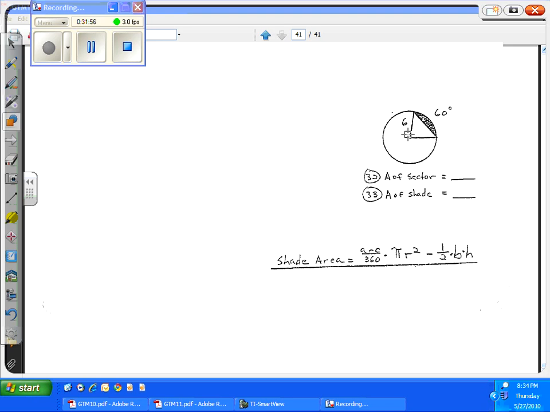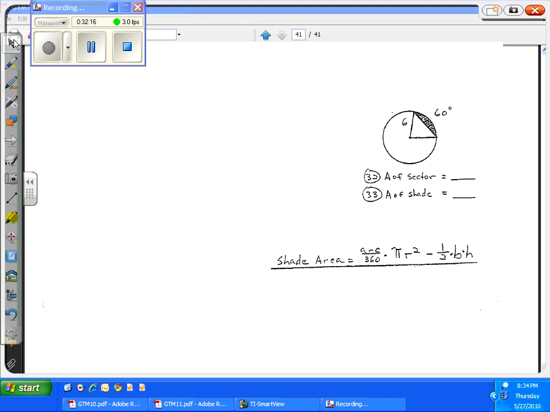That shaded region is the whole sector minus that triangle. The area of the sector is arc over 360 times pi times radius squared. Take away the area of the triangle, which is 1/2 base times height.